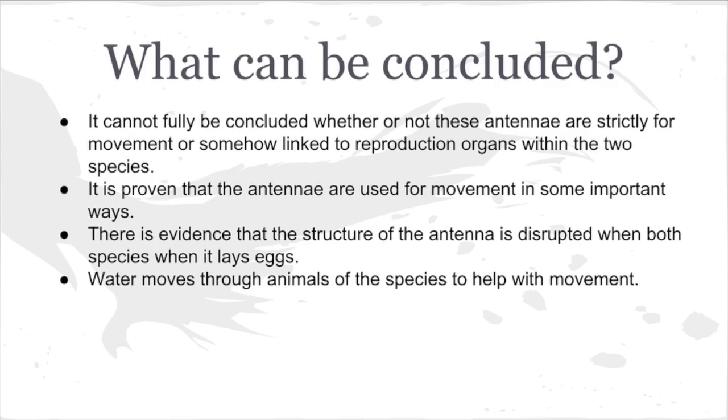It can be concluded that these antennae are used for movement in most cases. It is unclear whether or not these antennae are strictly for movement or somehow are also linked to reproductive organs within the two species. There is evidence that the structure of the antenna is disrupted when the species lays eggs, giving more evidence that they could have less to do with reproduction than movement.